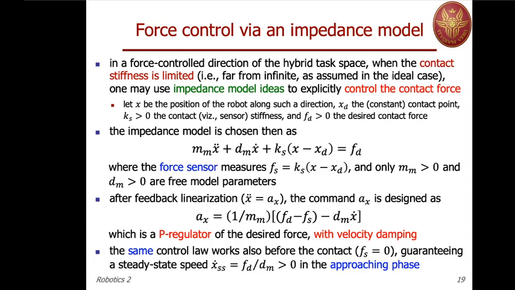At some point you will get in contact, and without changing the control law, you will regulate force. This is a very nice behavior, typical of the impedance model scheme, that does not need to change its structure while transiting from free space to contact space.